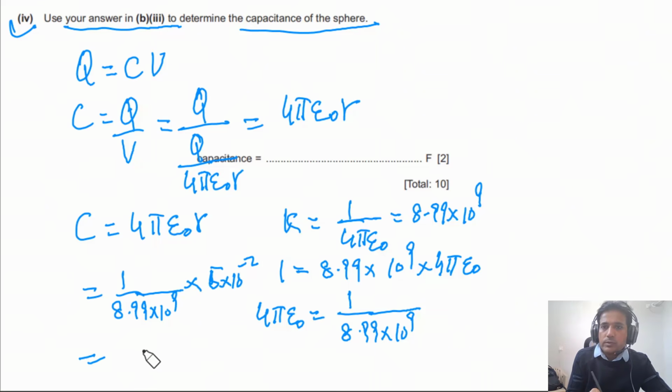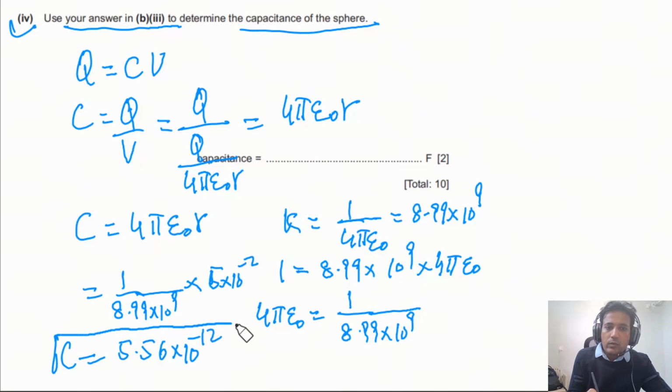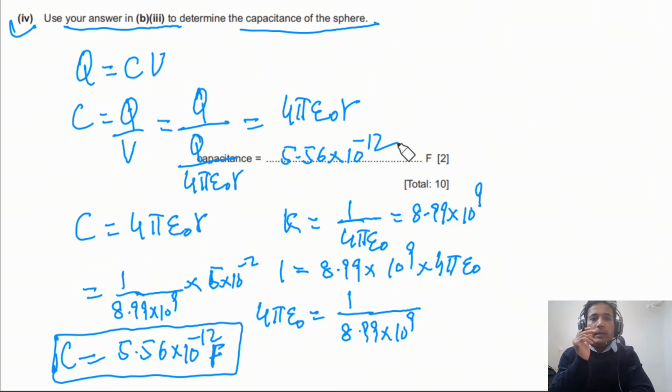If we solve this, we get 5.56 times 10 to the minus 12. This is the value of capacitance, and the unit is farad. So this is the answer, and that's all for today's questions.